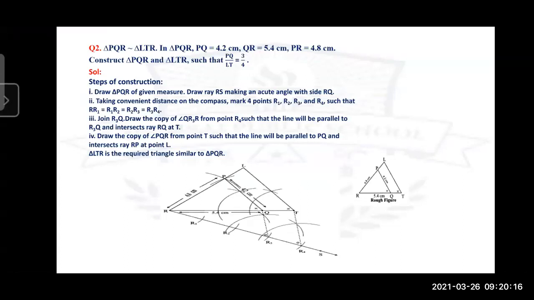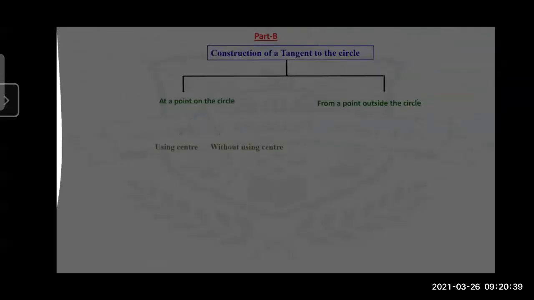Then the largest one is 4. Then make 4 arcs on the below line, name them R1, R2, R3, R4. Then here we have to construct the third one, that is R3. Then we make an arc, okay, and we get the point of intersection here, then join it. So in this way we construct the similar triangle.